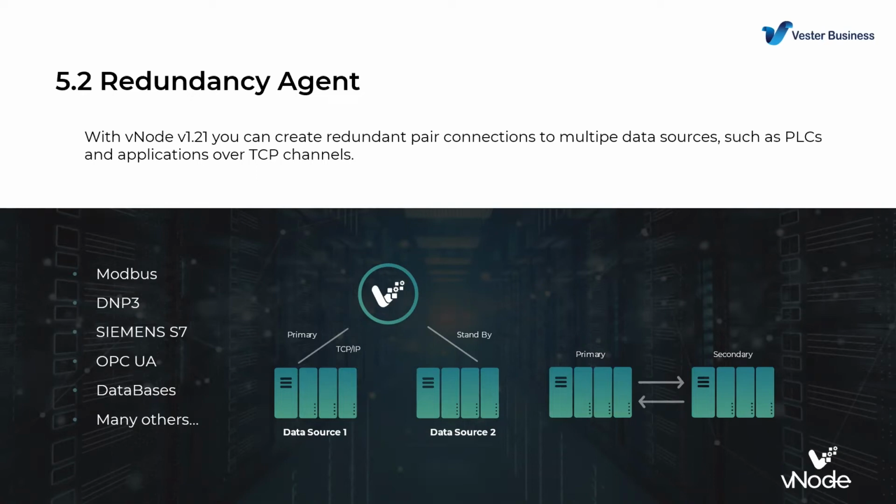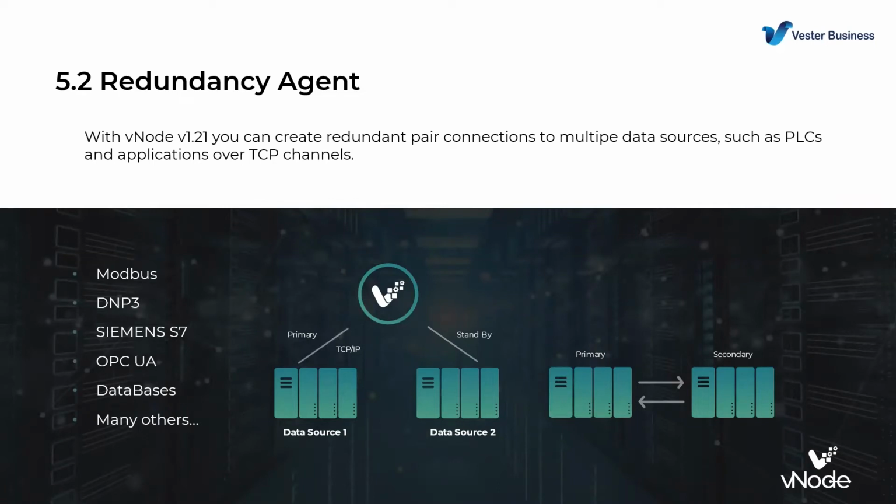So you can set up your redundant controllers as a primary and secondary, and vNode Redundancy Agent will determine whether the controller stops collecting data, and switch over to the second one, being transparent to the end application.